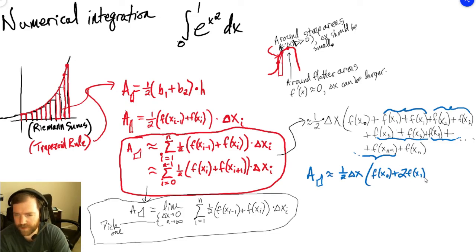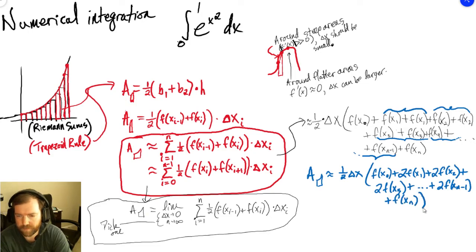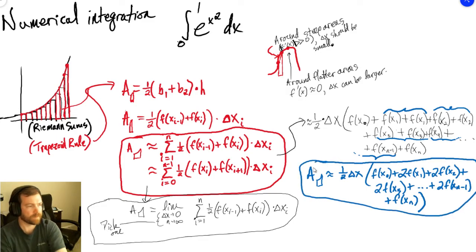Twice f of x sub 1 plus twice f of x sub 2 plus twice f of x sub 3 plus dot dot dot out to twice f of x sub n minus 1 plus 1 f of x sub n. So that's how you do it with trapezoids.